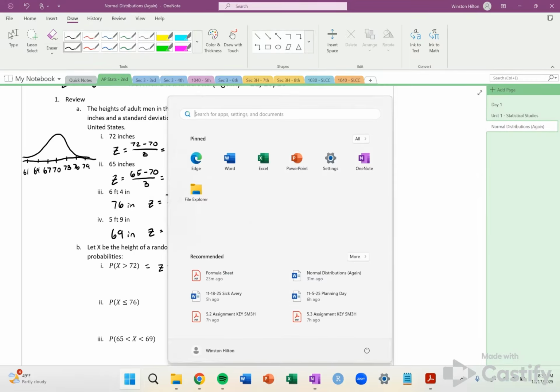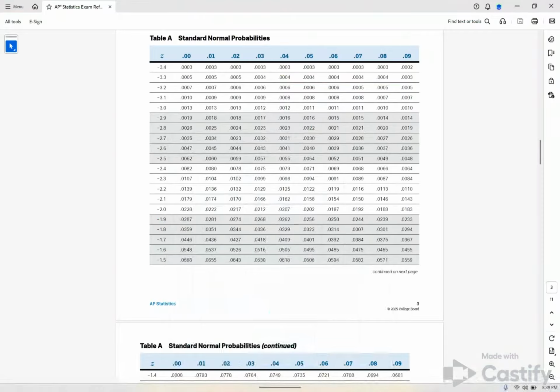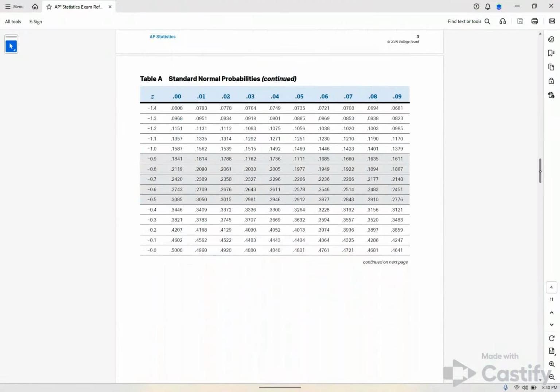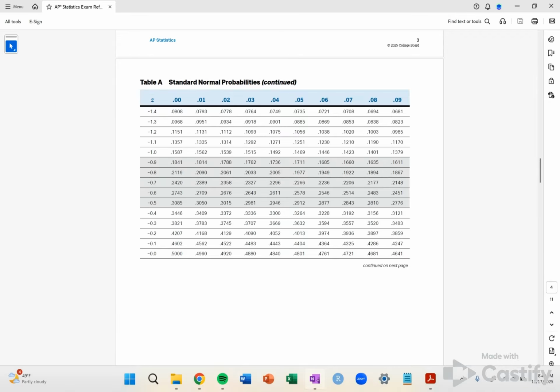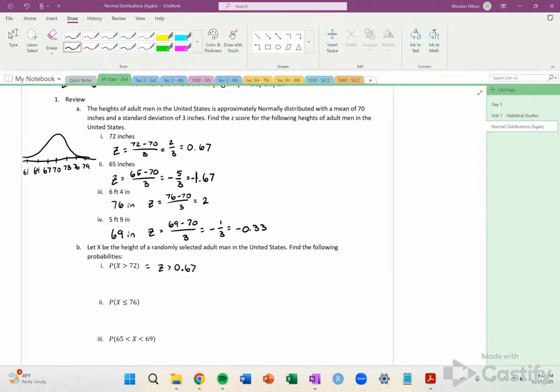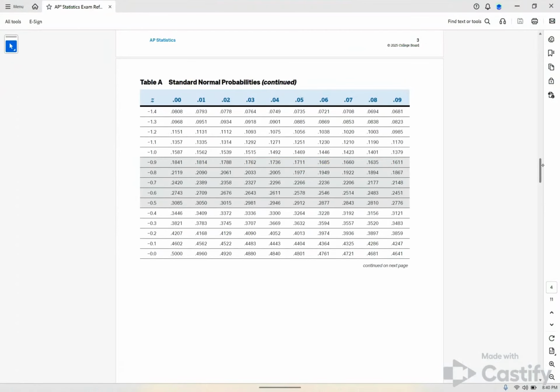So we can come over here to the standard normal table. Remember, this is in your formula sheet. We find the negative 0.6 row, come over to the 0.07 column, and the z-score, or excuse me, the area to the left, hold up. Sorry, we wanted positive 0.67. That didn't seem right. So, my bad.